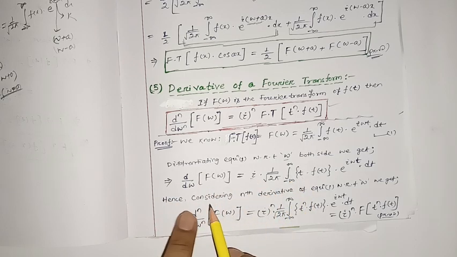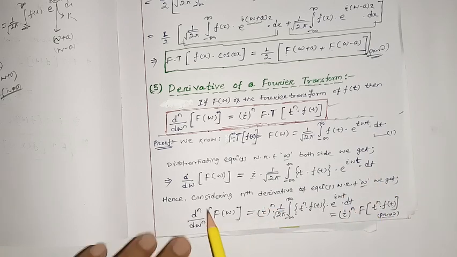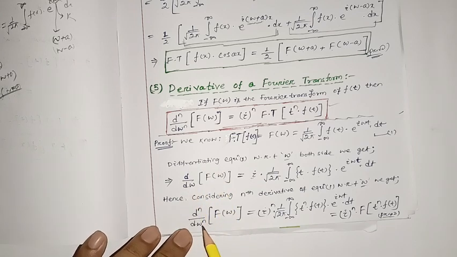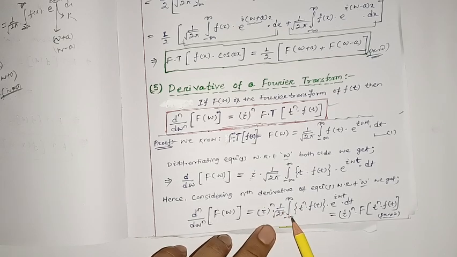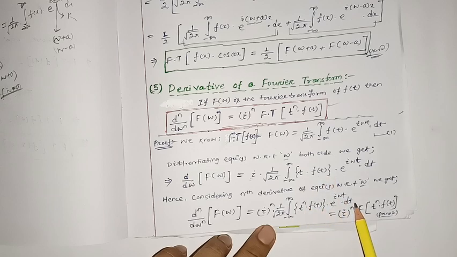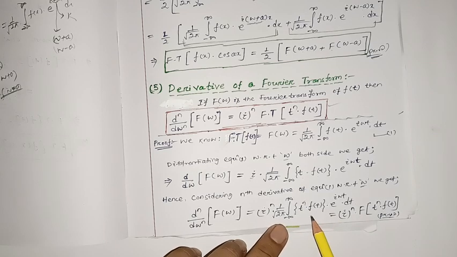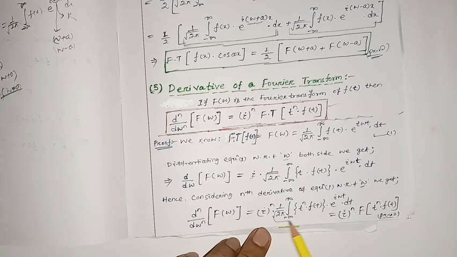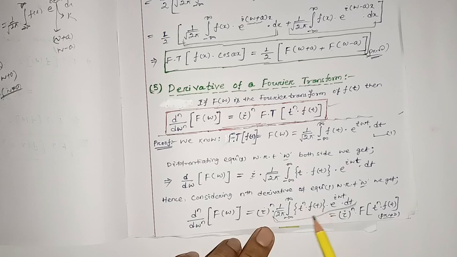Hence, considering the nth derivative of equation number 1 with respect to omega, what do we find? The nth derivative, dn by d omega n of capital F of omega, will be equal to I to the power n times 1 by root 2 pi, integral from minus infinity to plus infinity of t to the power n f of t e to the I omega t dt. Here you can see that this integration is nothing but the Fourier transform of the function.